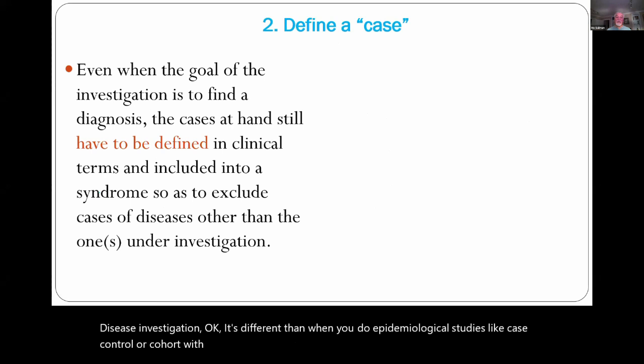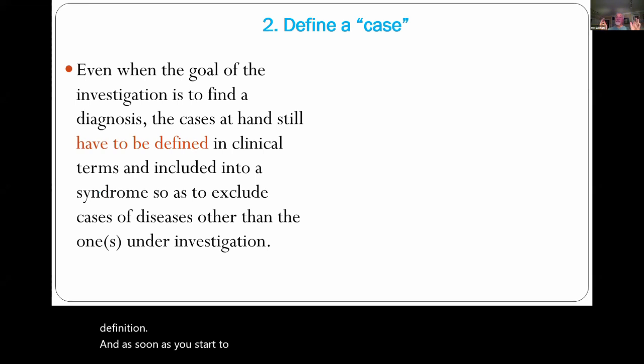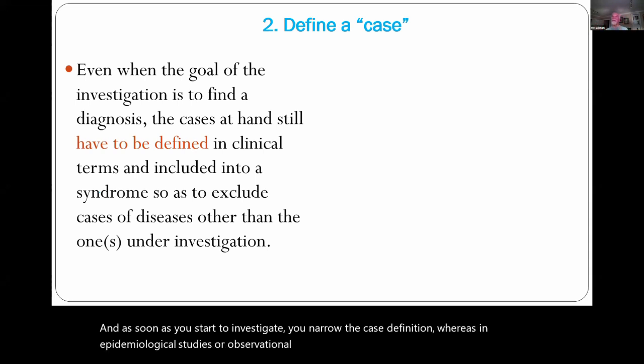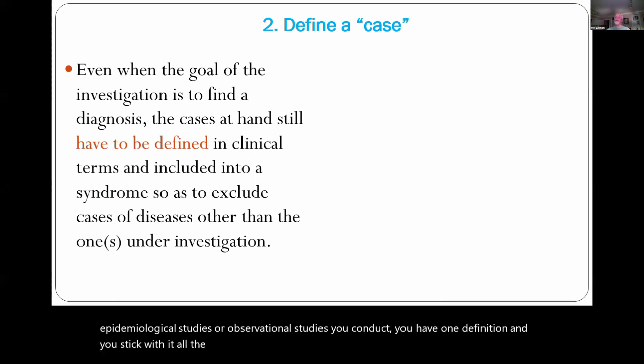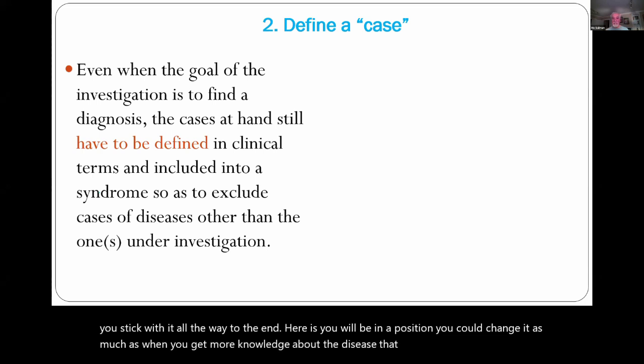With the definition, as you can see, you need to have a very broad case definition, and as soon as you start to investigate, you narrow the case definition. Whereas in observational studies you conduct, you have one definition and you stick with it all the way to the end. Here you are in a position to change it as much as needed when you get more knowledge about the disease that you are investigating.